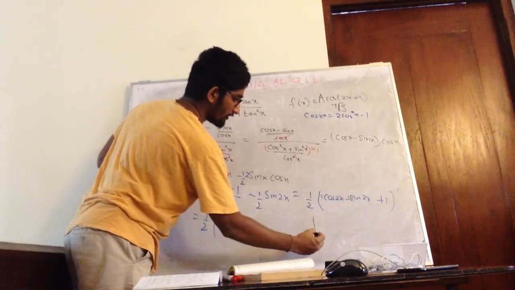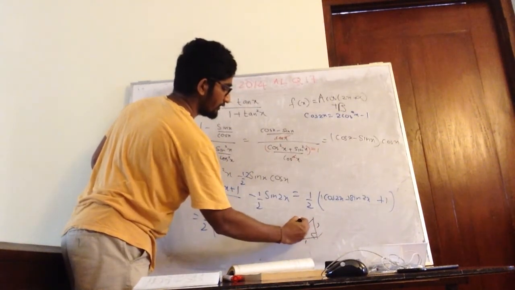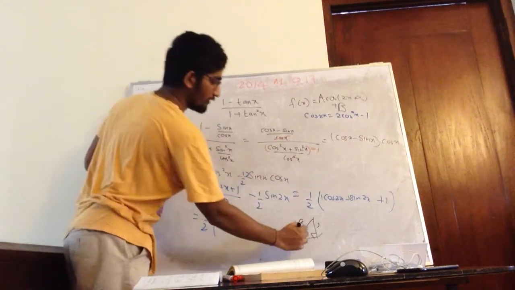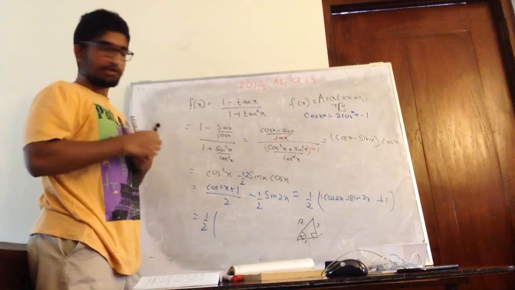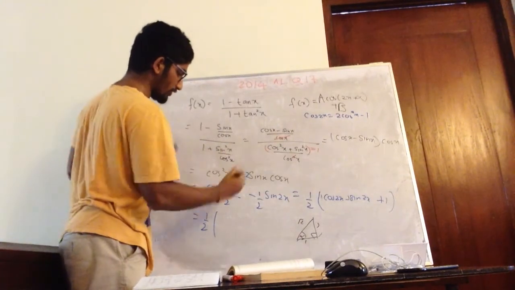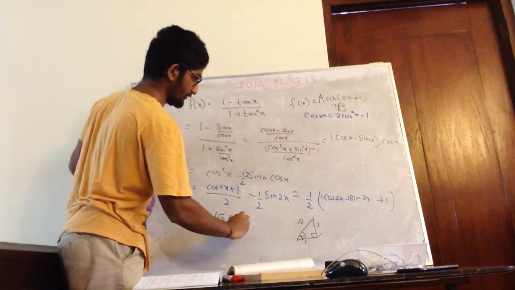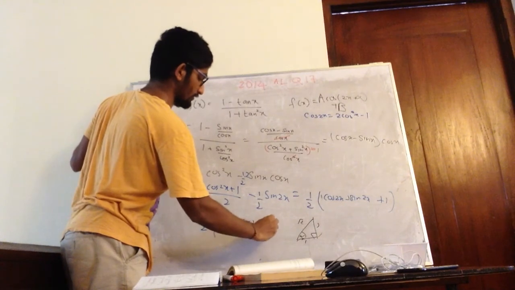I can draw a triangle like this one: 1, 1, and the hypotenuse is root 2. This angle is alpha. So I'm going to take square root of 2 out, with half cos 2x minus half sin 2x.